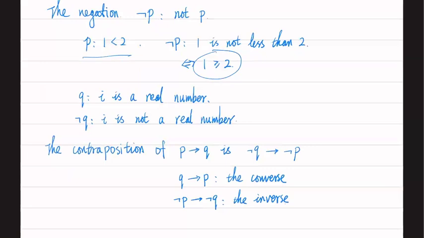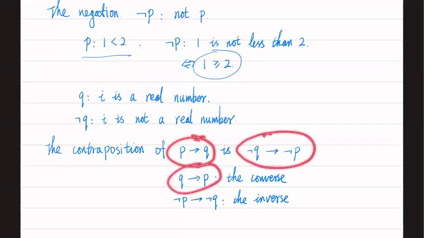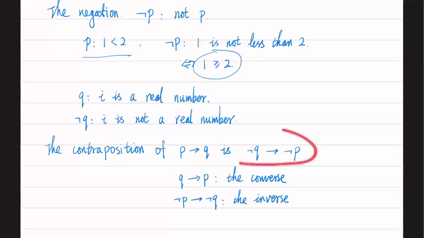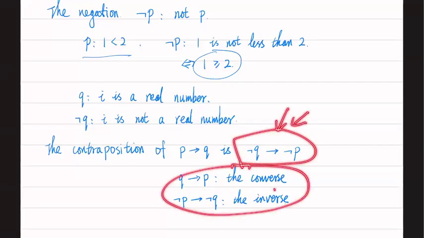So now we have a proposition and the three derived propositions: the contraposition, the converse, and the inverse. We will focus on this one at the moment. In the future, you will learn more about this too.